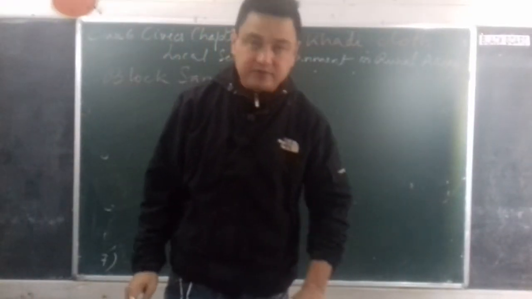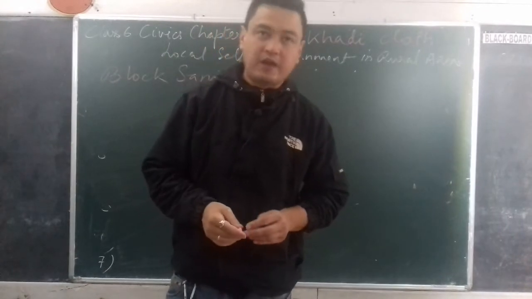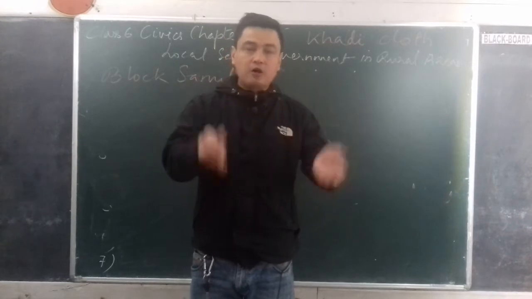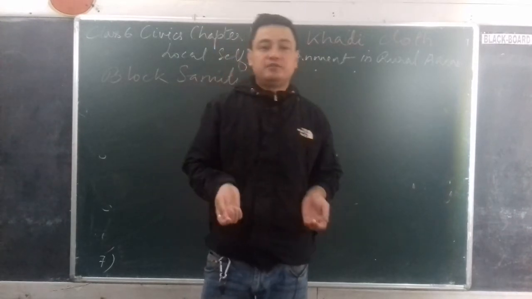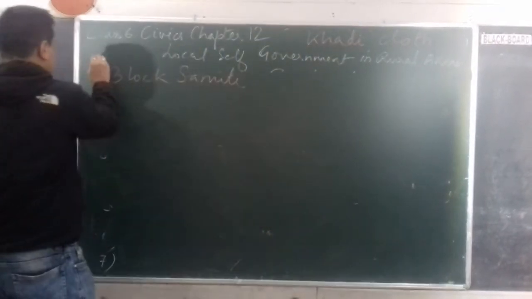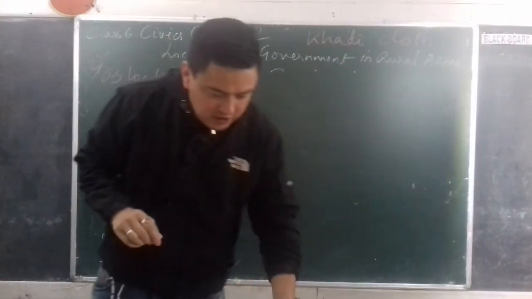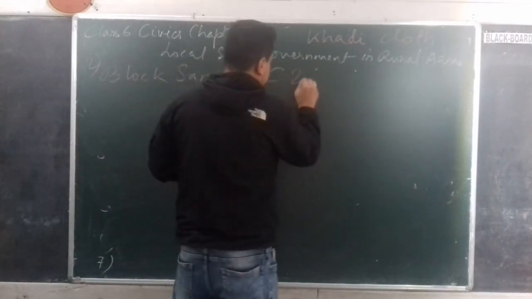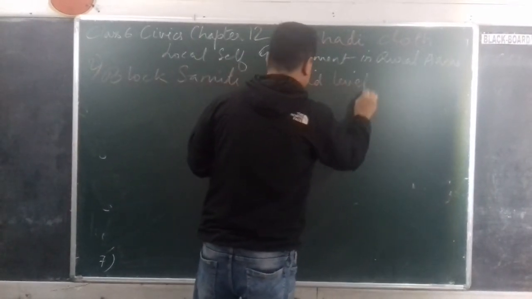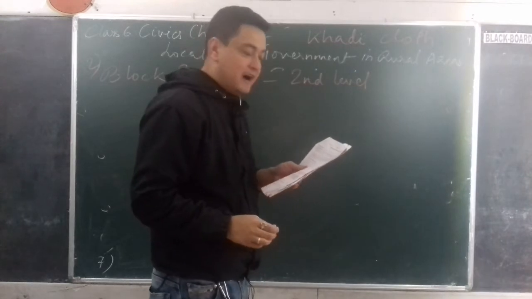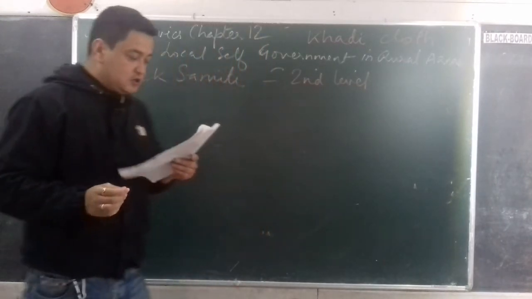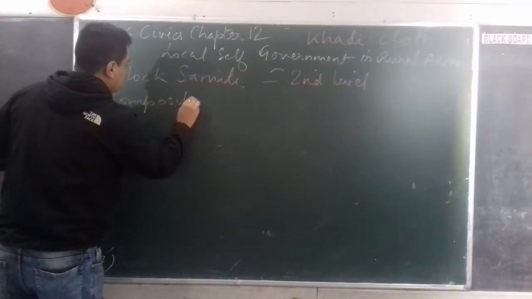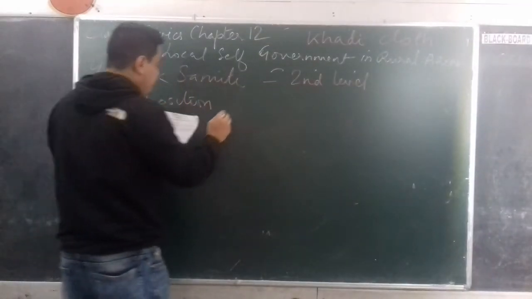This is the three-tier system of government where you find panchayat at the village level, block samiti at the block level, and Jilla Parishad at the district level. So the second tier that we are studying is the block samiti, the second tier of Panchayati Raj at the block level. So we are studying the composition of block samiti.